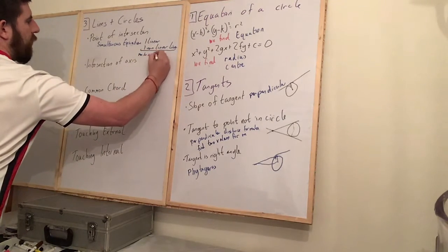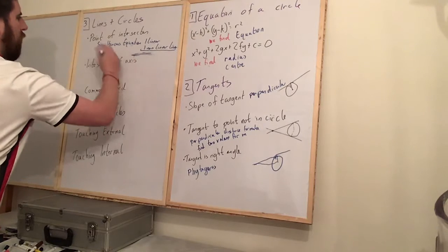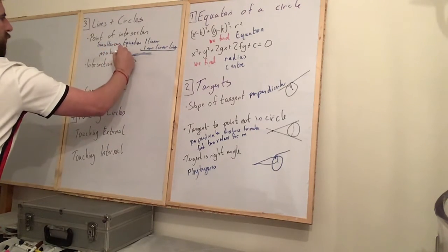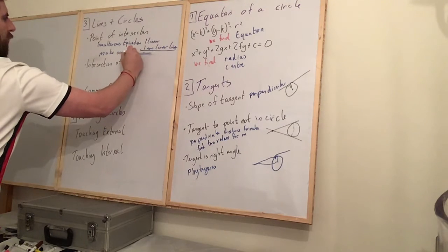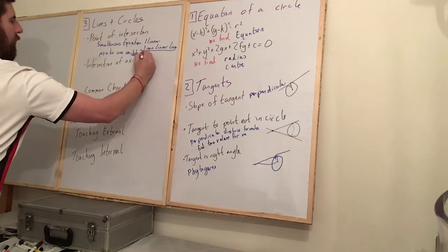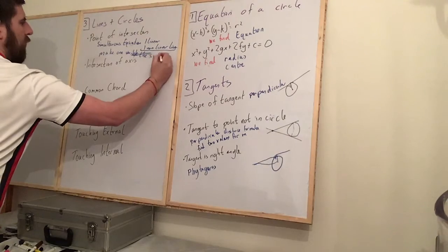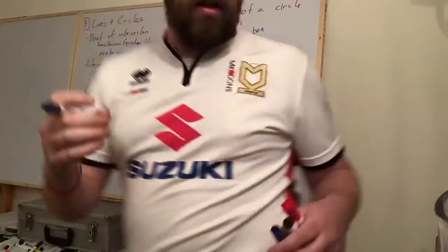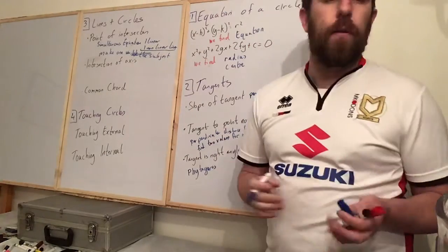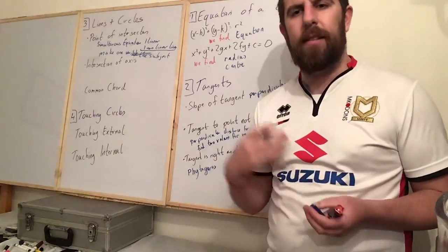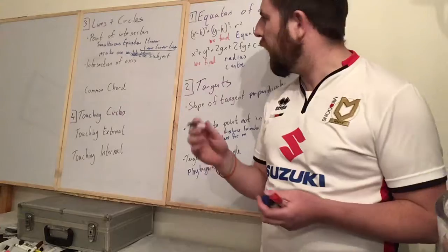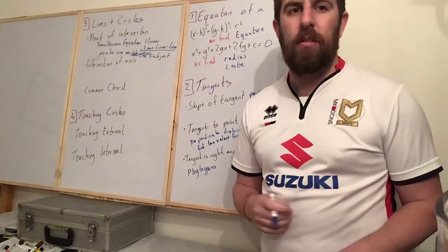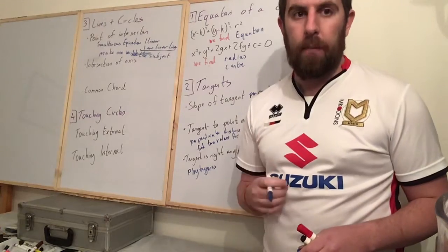Just remember to make one variable the subject and to sub it into your nonlinear equation. If you are asked to intersect an axis, be it the x-axis or the y-axis, if it was the x-axis, you let y equal 0 and you'd solve it as a simple quadratic.